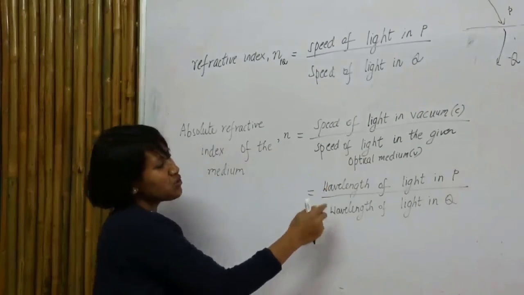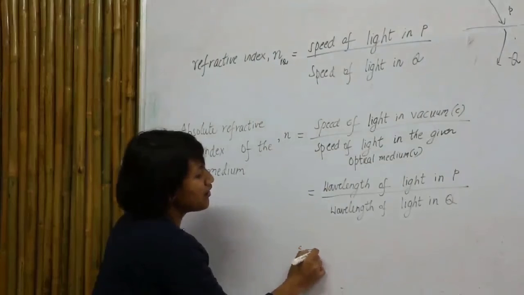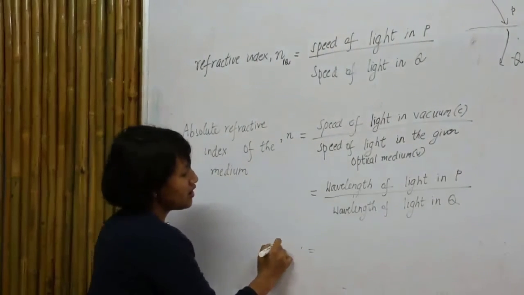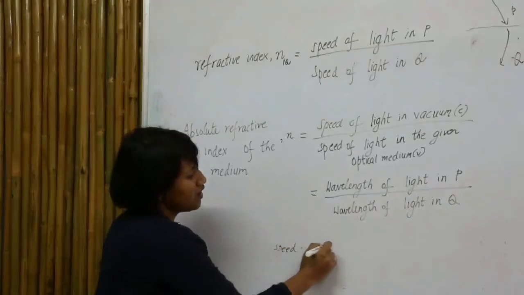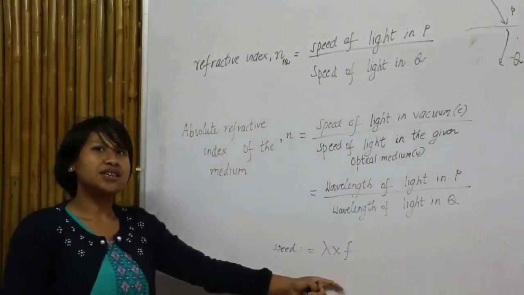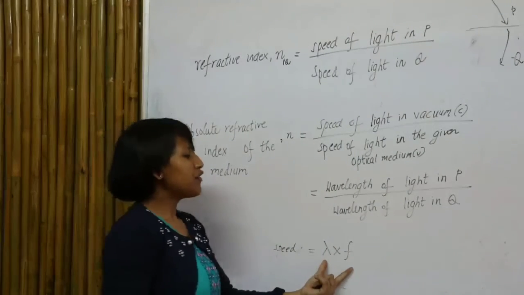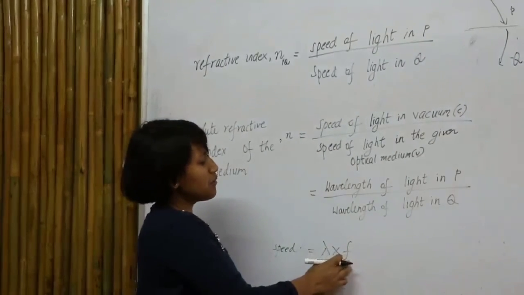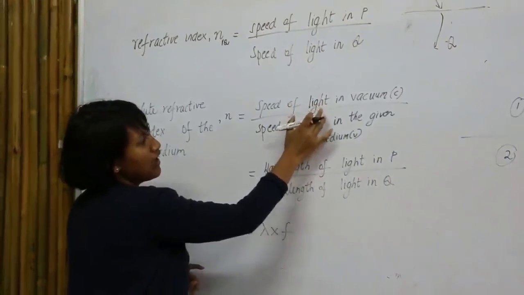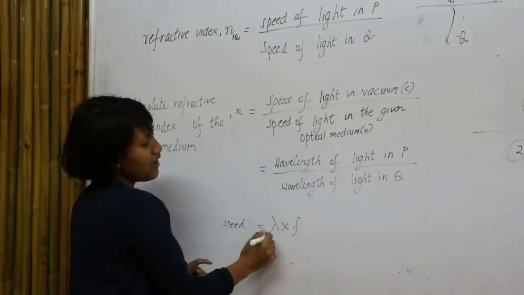So we know that the speed of a wave is equal to wavelength times frequency. Now, I told you the frequency remains the same, so when you substitute in this formula, you will find that f and f cancel.